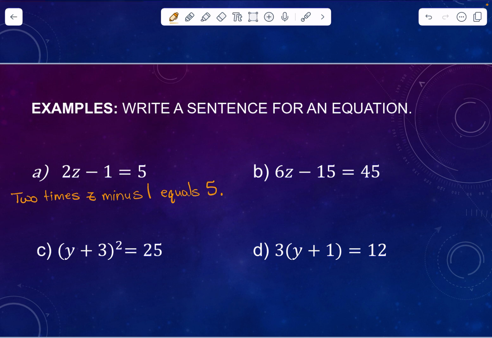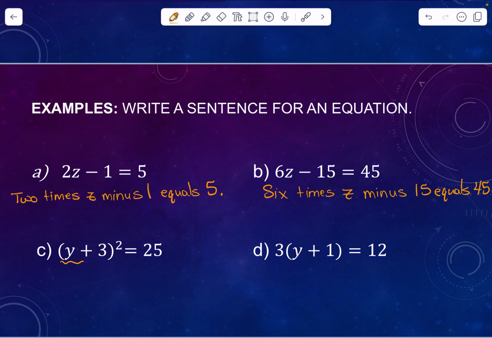Okay, next one, if we look at this one, we have 6 times Z minus 15 equals 45. Let's go to the next one.